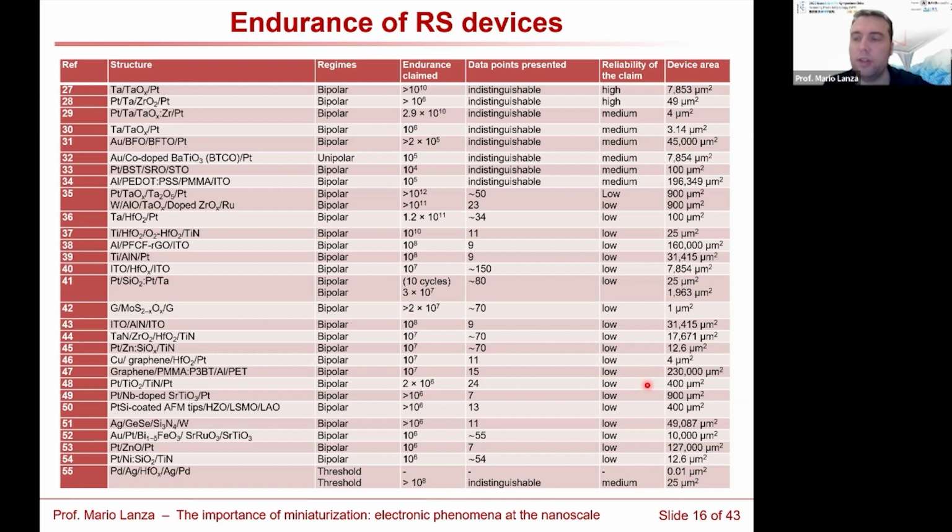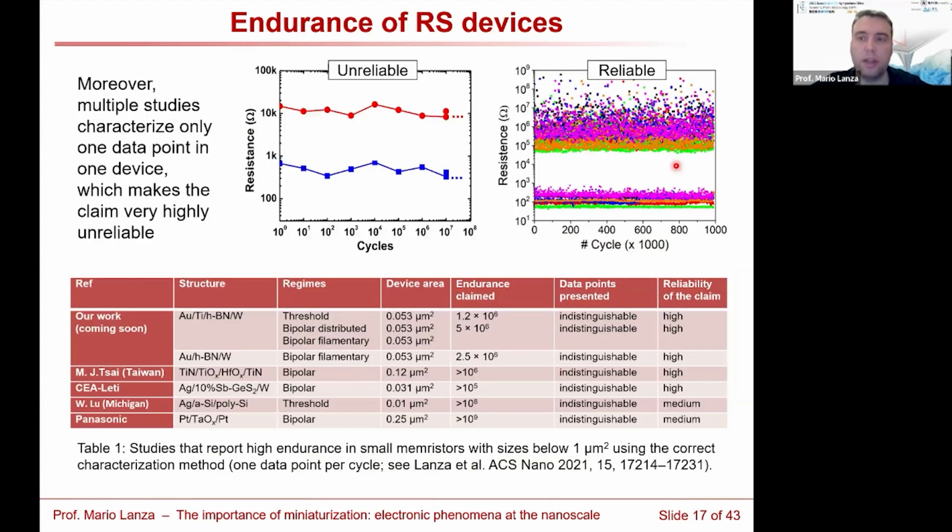For radio frequency switches and for data encryption, for true random number generators or physical unclonable functions, the size can be relaxed. That is not a high integration density product. However, for high integration density applications like memory or artificial neural networks, you need a high integration density. So this is the main problem. This finding may not necessarily apply to small devices.